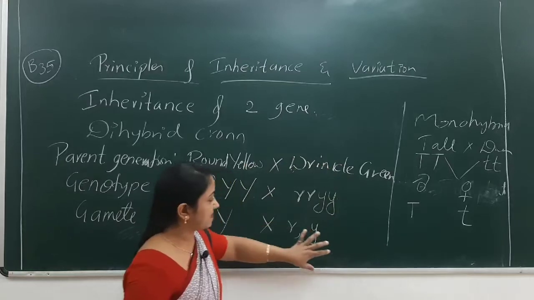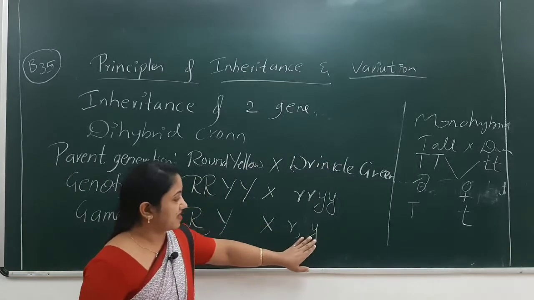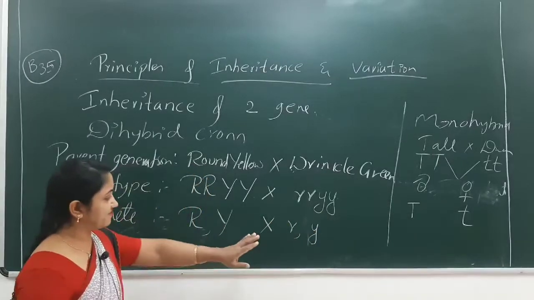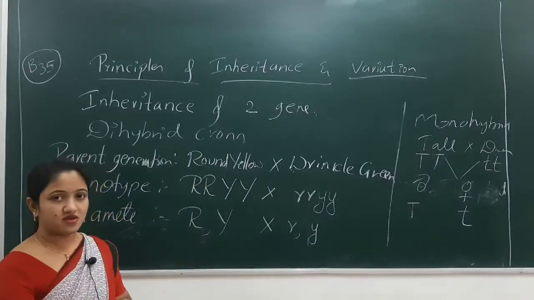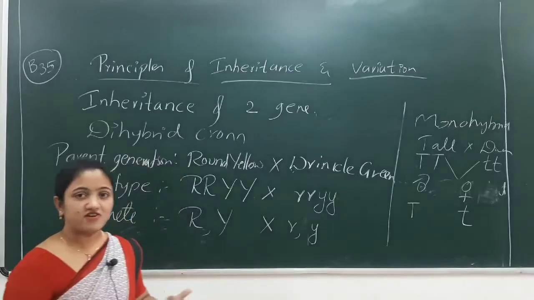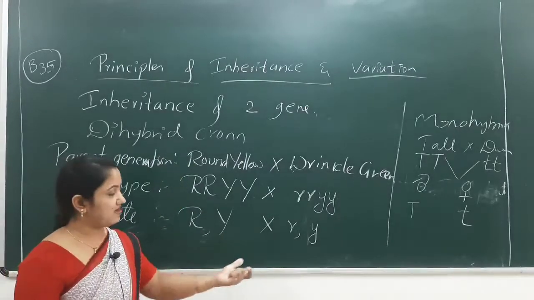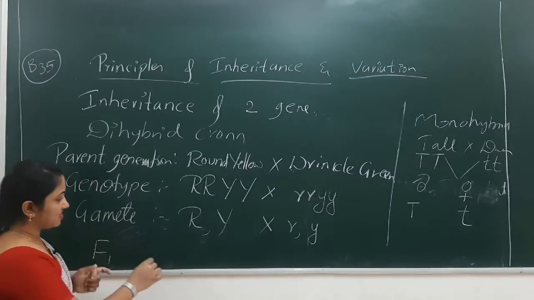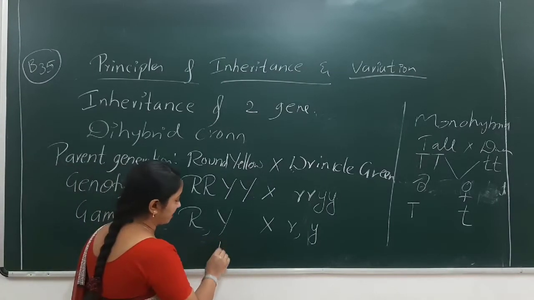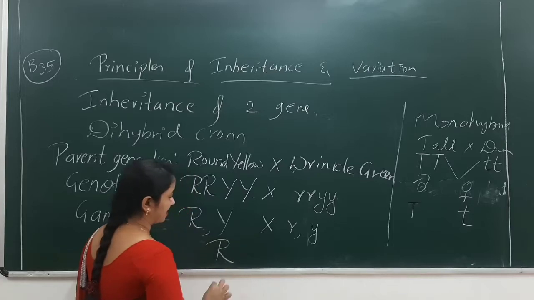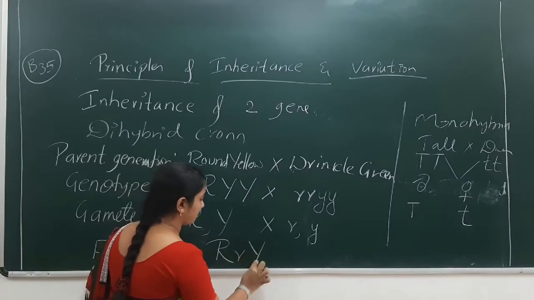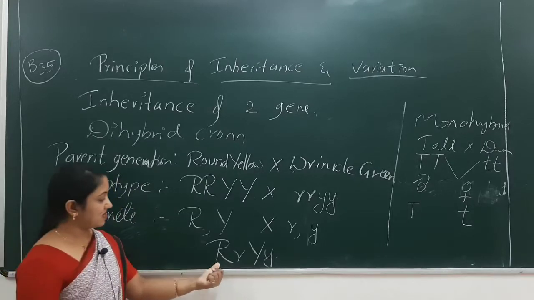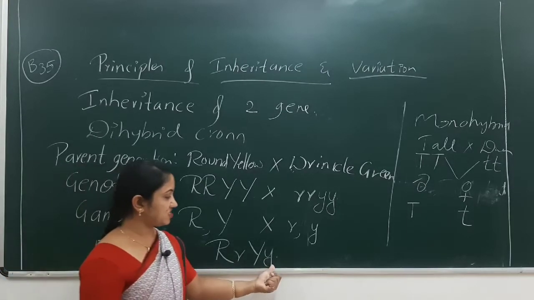Consider this is also one plant having these genes in the female gamete. Consider this as a female gamete and male gamete. When we fertilize this, when we hybridize this, in the F1 generation, in the offspring, we'll get offspring having the genotype capital R and small r, capital Y and small y.